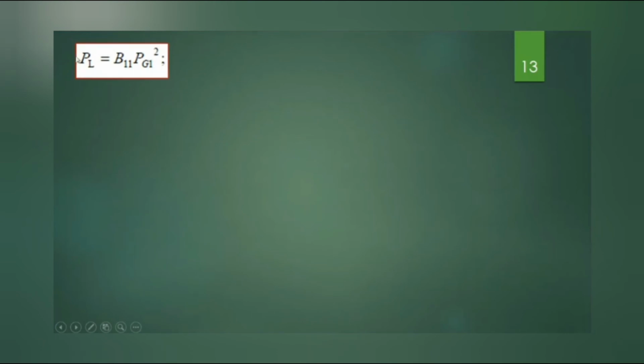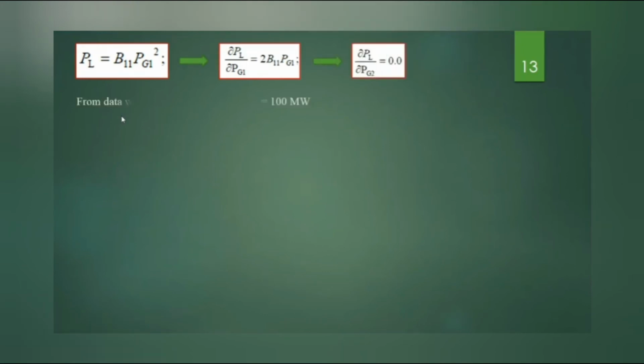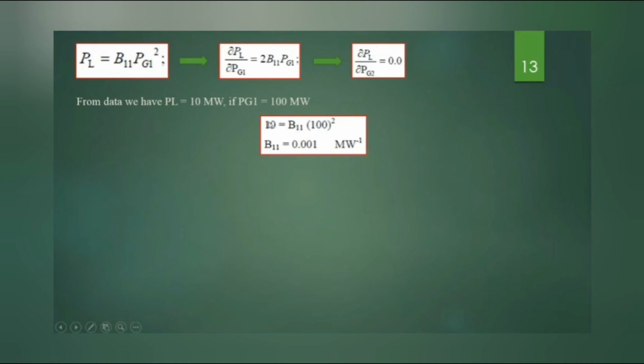So if 100 megawatt is transmitted from plant 1, a loss of 10 megawatt is incurred. So Pg1 equal to 100 megawatt and PL equal to 10 megawatt, you will get the loss coefficient equal to 0.001 megawatt inverse.